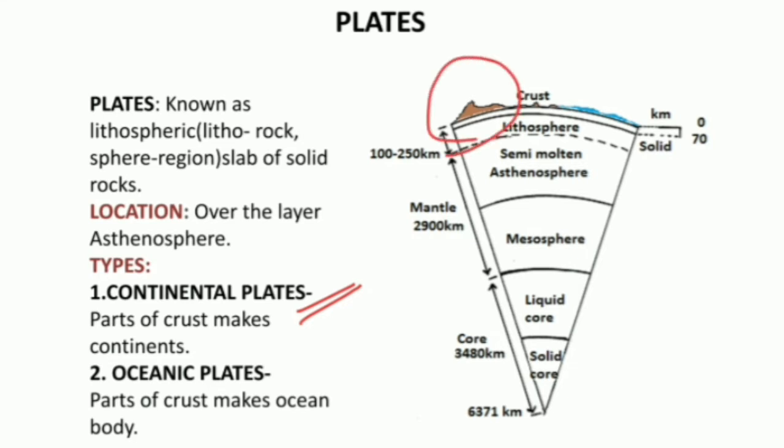For example, North American plates, South American plates, Australian plates, Eurasian plates, those all are continental plates. Now, second one we have oceanic plates. These plates are responsible for the formation of different ocean surfaces. Here you can see that is known as oceanic plates. For example, we have Pacific plates, we have Atlantic plates, etc.